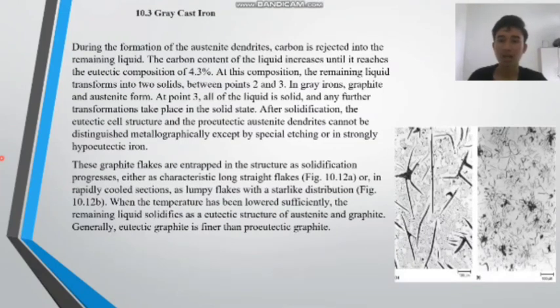At point 3, all of the liquid is solid, and any further transformations take place in the solid state. After solidification, the eutectic cell structure and the pre-eutectic austenite dendrites cannot be distinguished metallurgically except by special etching or in strongly hypoeutectic iron.